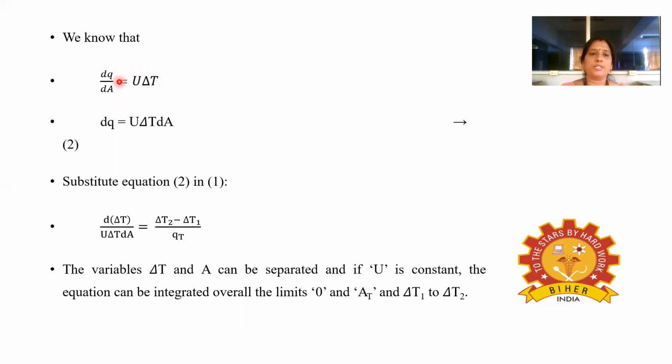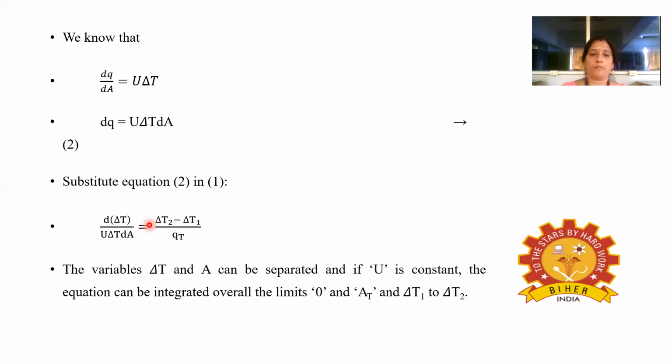After rearranging this equation, keeping dq on the left hand side and taking dA to the right hand side, the equation becomes dq equals U into delta T into dA. This is equation number 2. Now substituting equation 2 in equation 1.